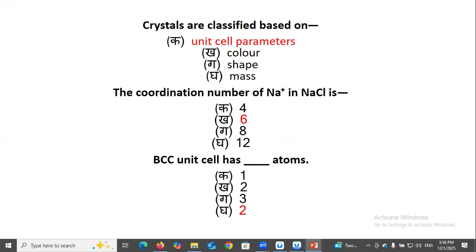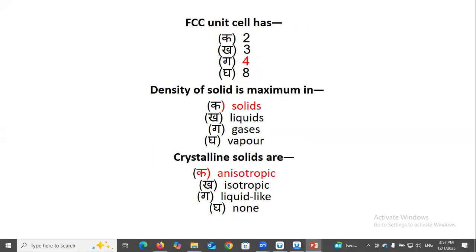The coordination number of sodium ion in sodium chloride is 6. Body-centered cubic unit cell has 2 atoms. Face-centered cubic unit cell has 4. Density of solid is maximum in solids.